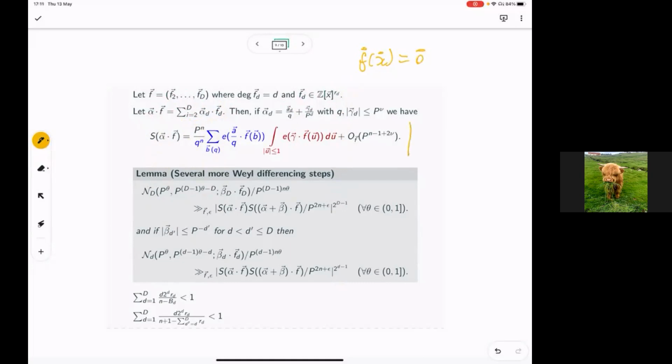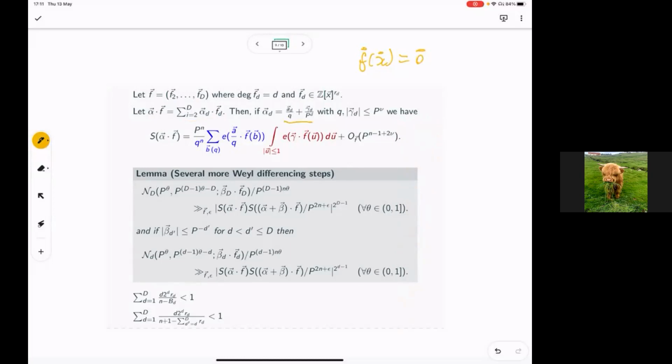And in fact, this super level sets approach still works in much the same way. So the analog of the major arc bound that one needs is this that's written here. And other than that, everything works in a very similar way.